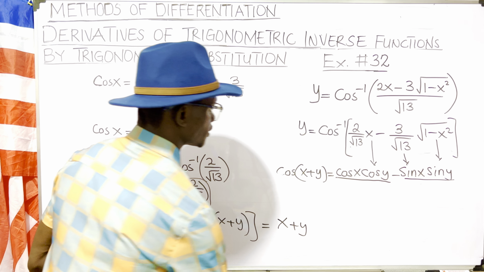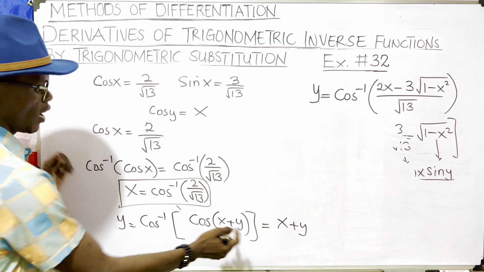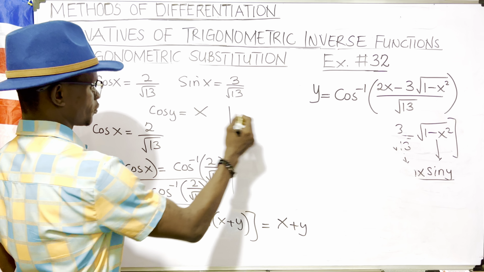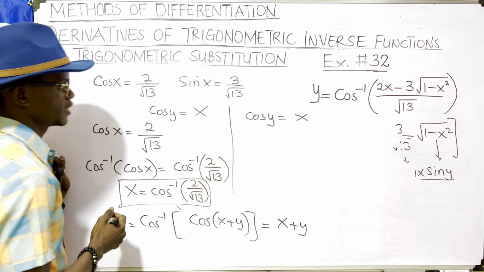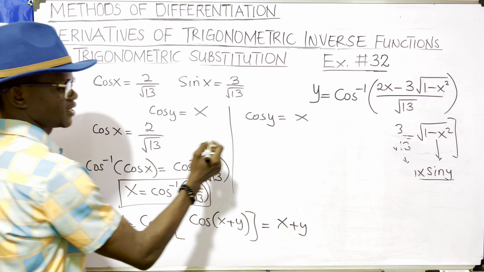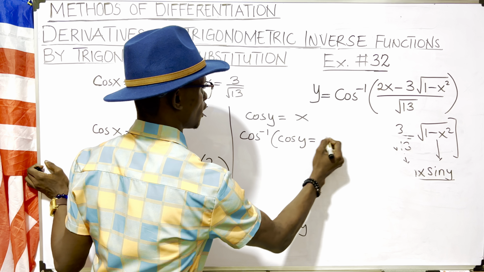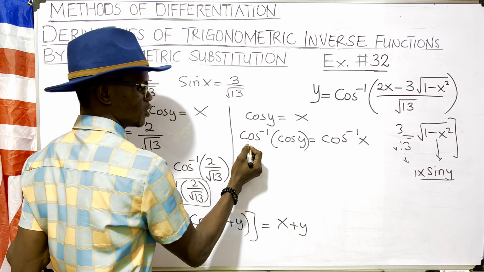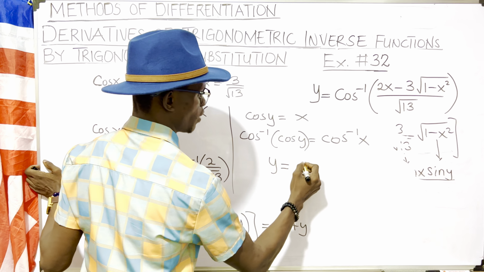But the next one: what is this y? We don't know y. We know that cos of y is equal to x, so we can take cos inverse on both sides. Cos inverse of cos of y is just equal to y, so y is equal to cos inverse of x.